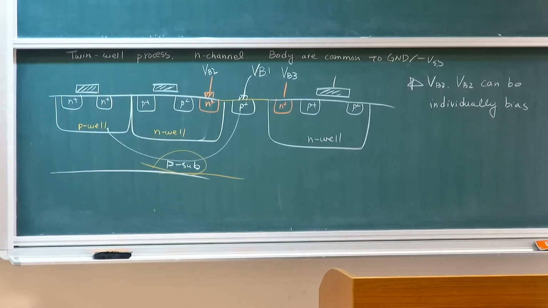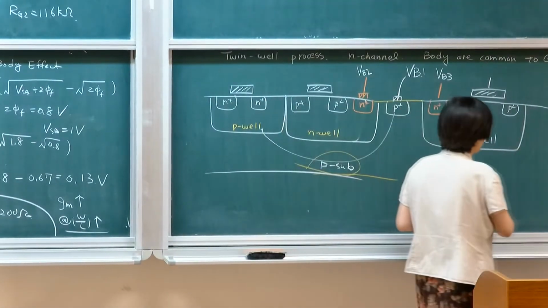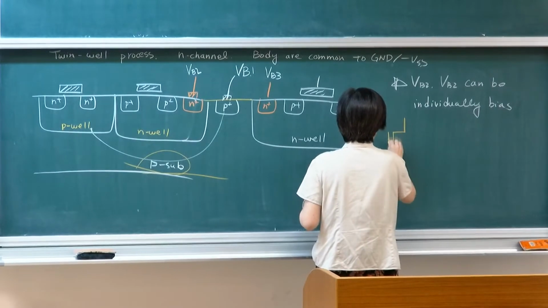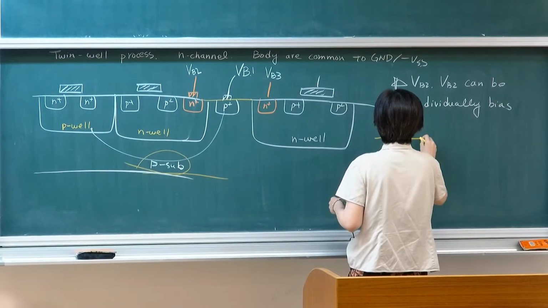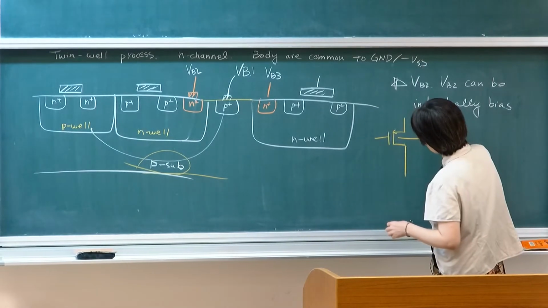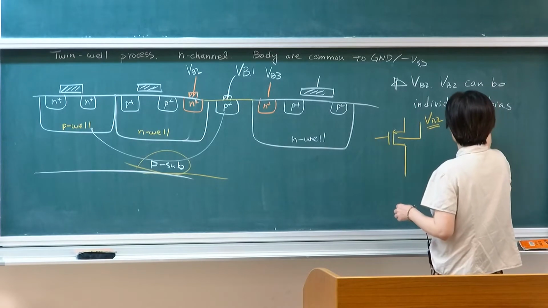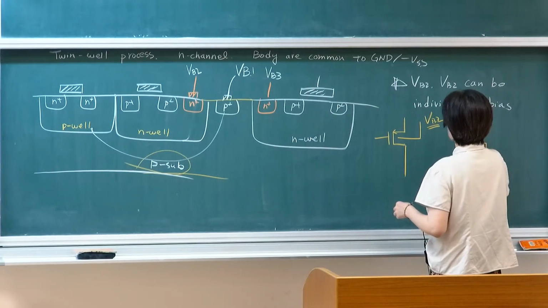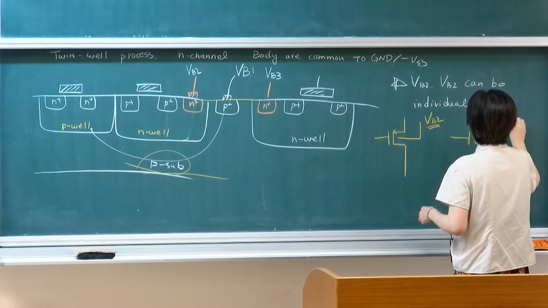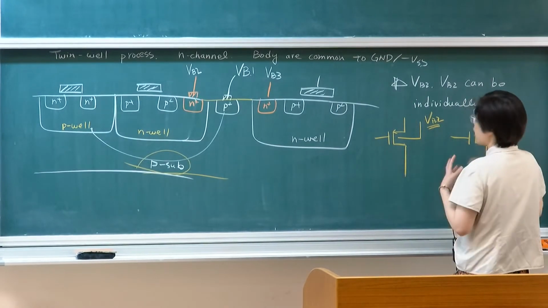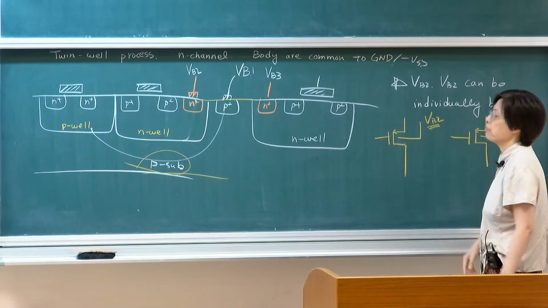But for PMOS, if I'm doing PMOS transistors, I then have the choice of individually biasing this body. This is VB3. I have 2 transistors in different wells, then this will be VB3. I will then have the flexibility of individually biasing them.